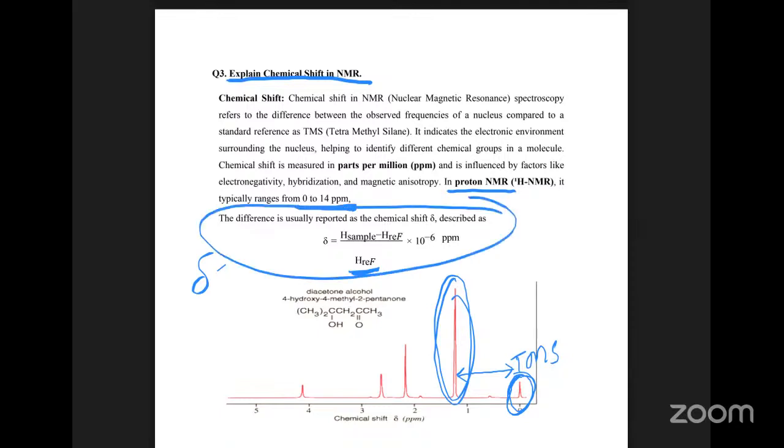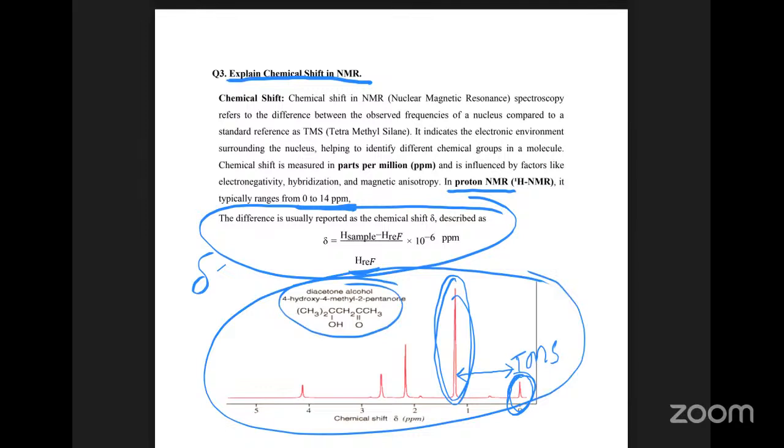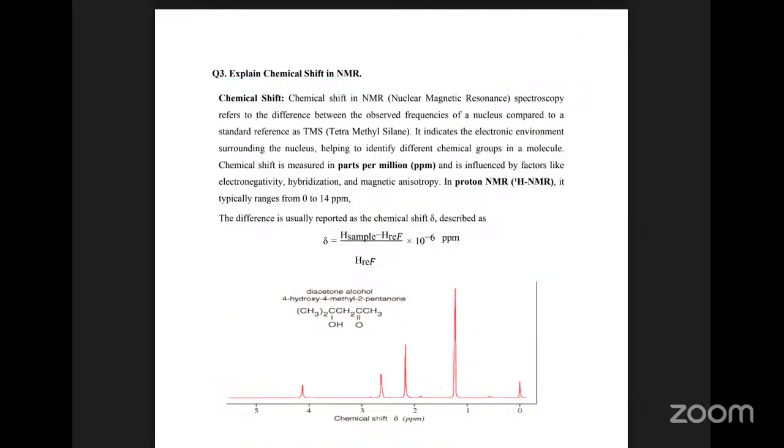If not, draw any simple spectrum, need not mention the name, and simply draw like this. This is your TMS 0 and the peak observed. This distance is called chemical shift, measured in del. So that is all about chemical shift in NMR spectroscopy.